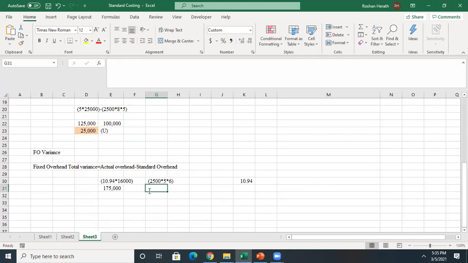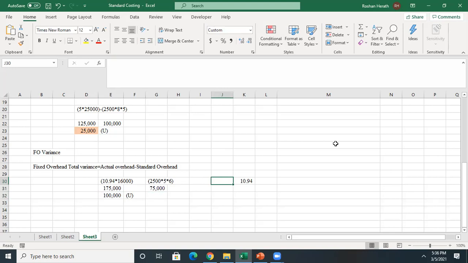So accordingly, it's 2,500 into 5 into 6. How many hours? 2,500 into 5. It's 12,500 hours, yes, into 6, 75,000. So accordingly, 175,000 and 75,000. Actual overhead is more than the standard. So therefore, it's 100,000. It's unfavorable. Right?